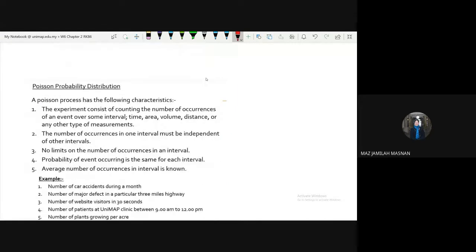Now, what is poisson probability distribution? Unlike binomial, we need to check the 4 criteria, and the 4 criteria should be met. What about poisson? The difference between binomial and poisson is that we are still talking about exact value.